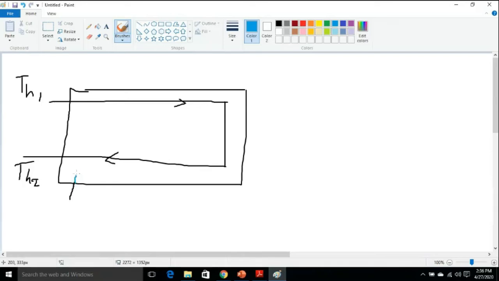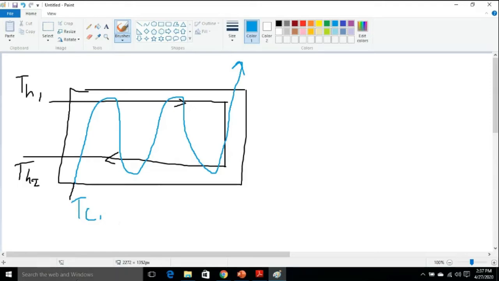We will have baffle plates which guide the flow of fluid. So the fluid will flow like this, and ultimately it goes out of the shell in this direction. This is the direction of flow for the cold fluid. Here the inlet temperature can be written as TC1 and the outlet temperature will be written as TC2.